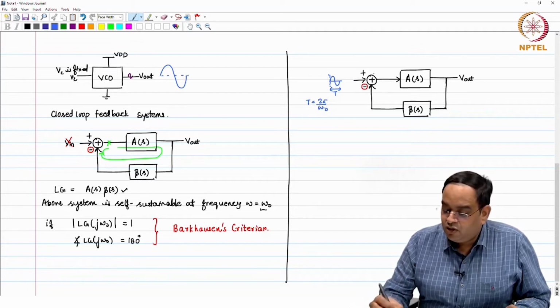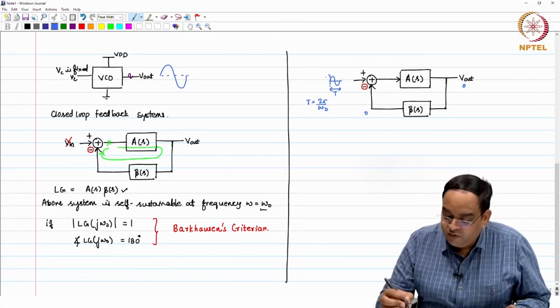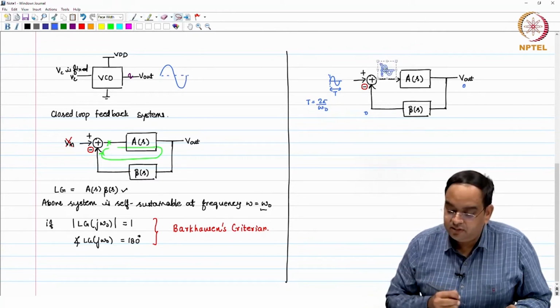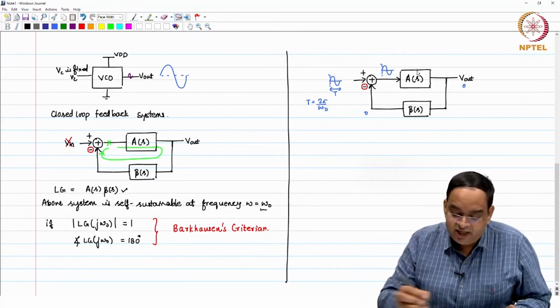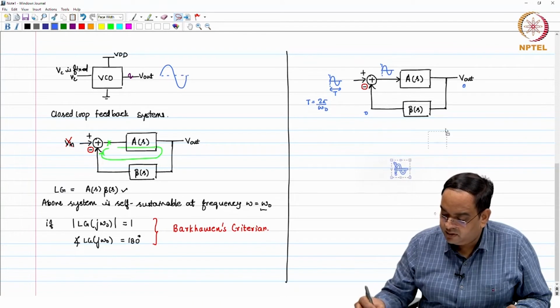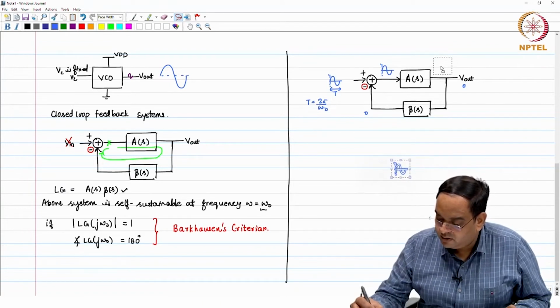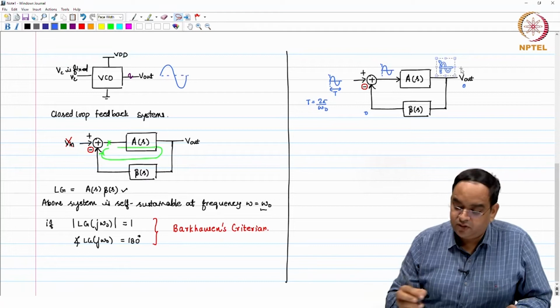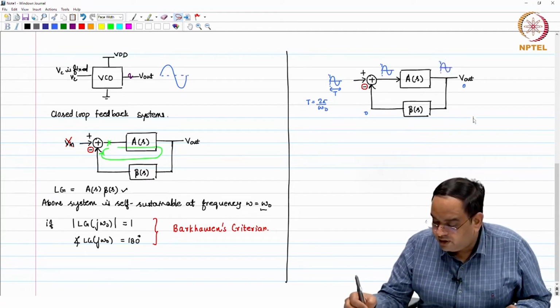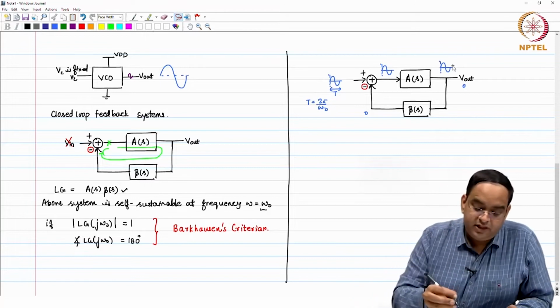Initially all the voltages were 0. So V out was 0, feedback was 0, everything was 0, and I feed this input. When I feed this input, it comes here and gets amplified by the gain A of t, and it will come here. A of t is going to add some kind of gain to it.